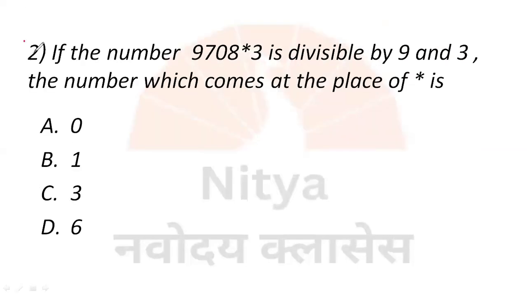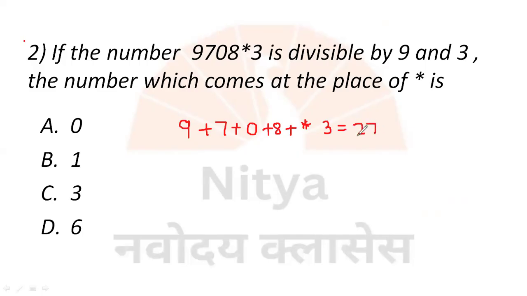If the number 9708*3 is divisible by 9 and 3, what number comes at the place of the star? Okay, so the divisibility rule of 9 and 3 is the sum of the digits. So 9 plus 7 plus 0 plus 8 plus star plus 3: when we add 9, 7, 8, 0 and 3, it is equal to 27.